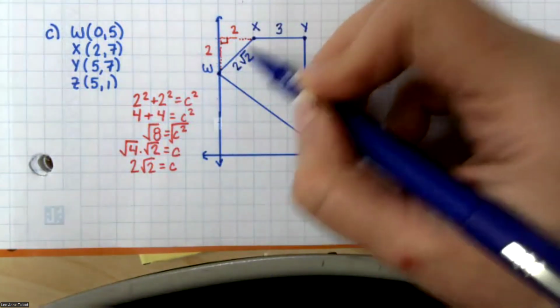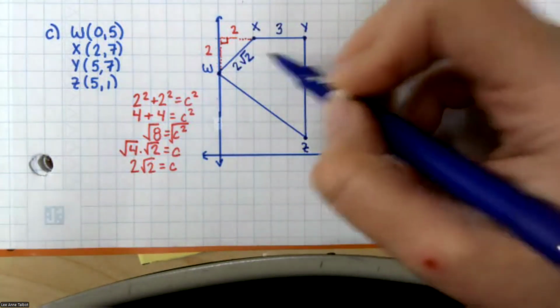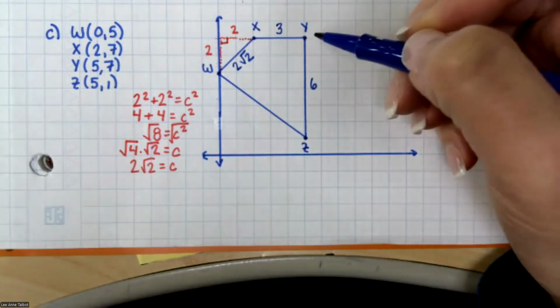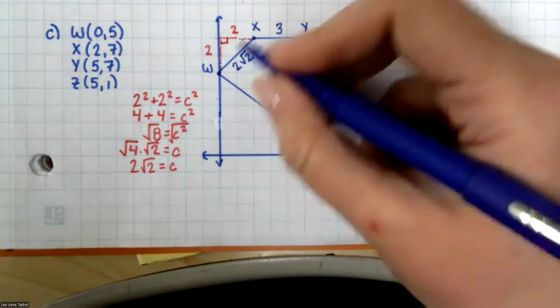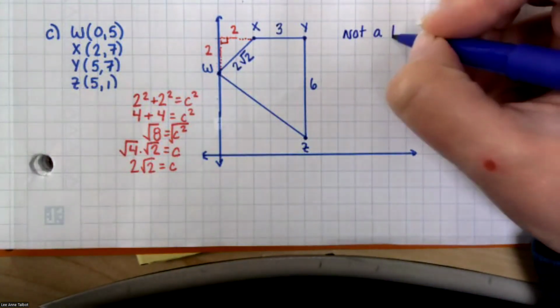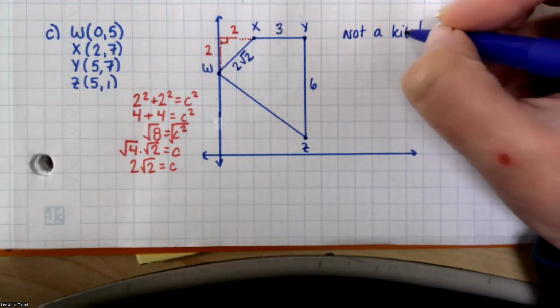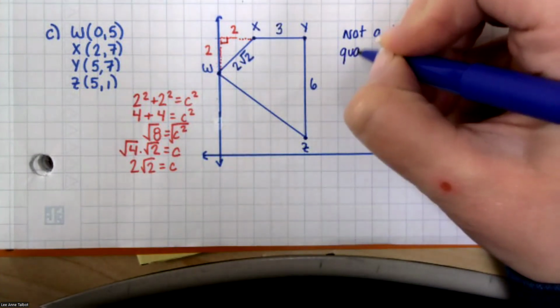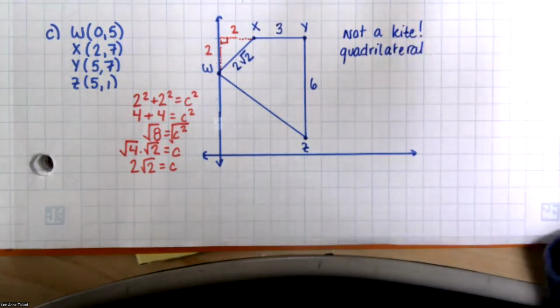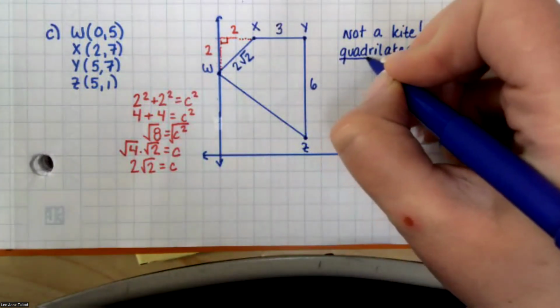So this side is 2 root 2, and this side is 3, meaning that they're not equal. 2 root 2 and 3 are not the same thing. So if those are not equal, this is not a kite. It is just a plain old quadrilateral.